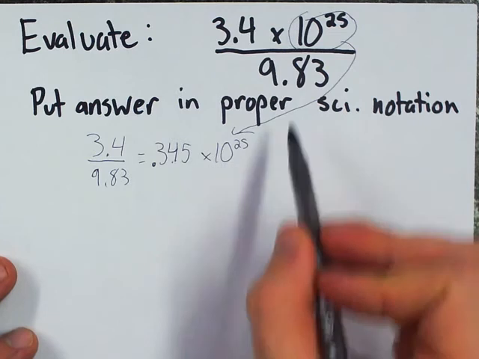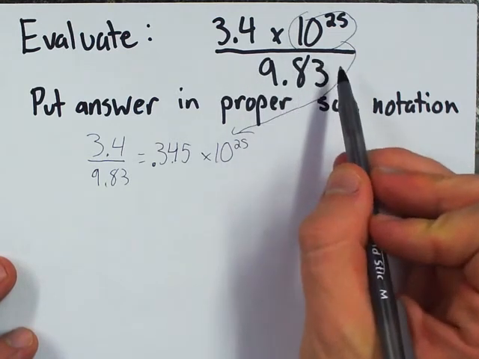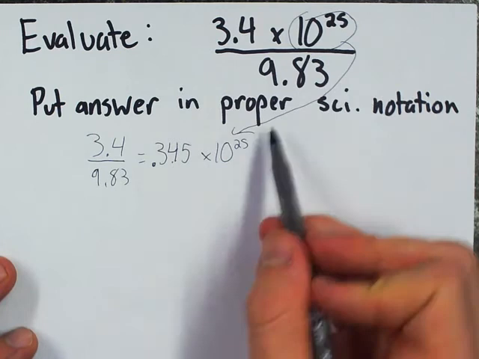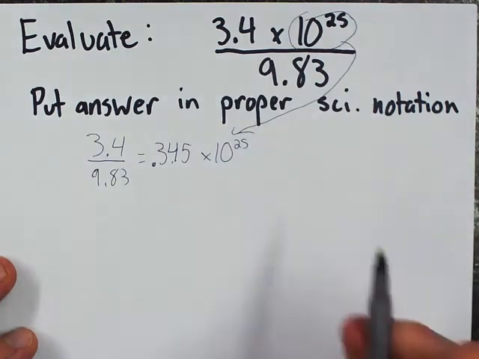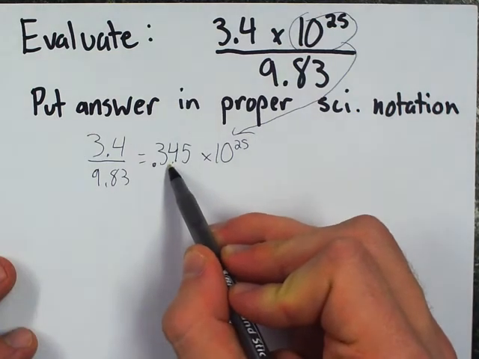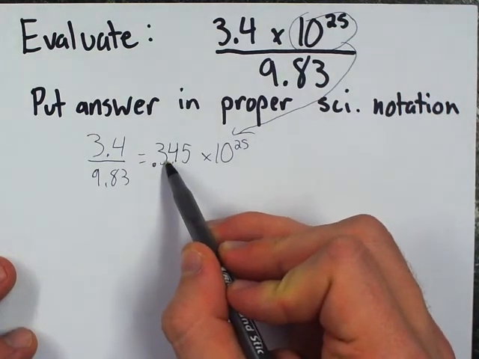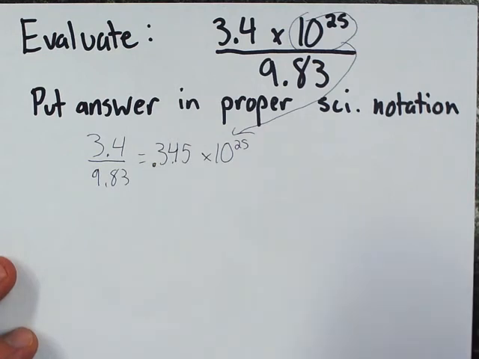This is the correct value for this equation. However, it is not in proper scientific notation. Remember, proper scientific notation has one digit to the left of the decimal. Here, we don't have any digits to the left of our decimal. So we've got to do a little bit more work.